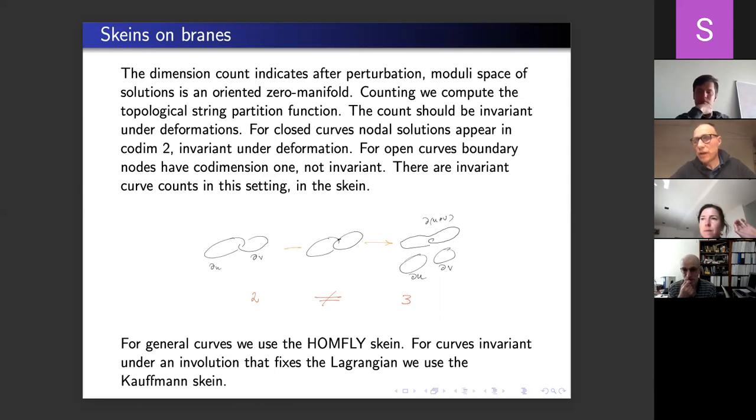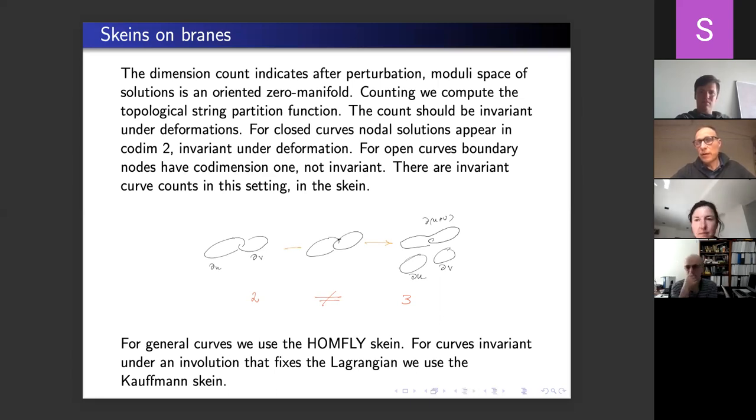Say the complex structure, if you wish. Or you're wiggling the brane a little bit by Hamiltonian perturbation. Okay, so any perturbation is going to do this. It's a very non-dramatic variation. You could move the brane seriously, changing areas and so on. This is not even changing the areas. It's just wiggling the complex structure a little bit, or making an exact deformation of the Lagrangian.